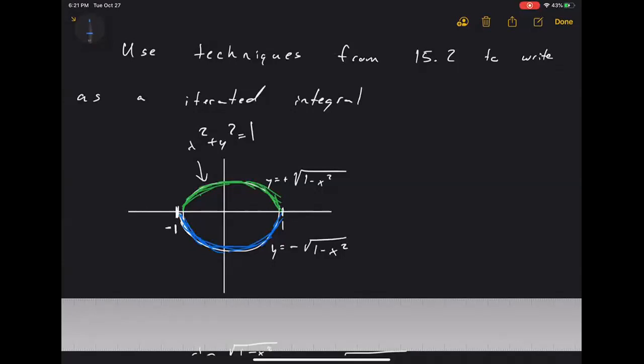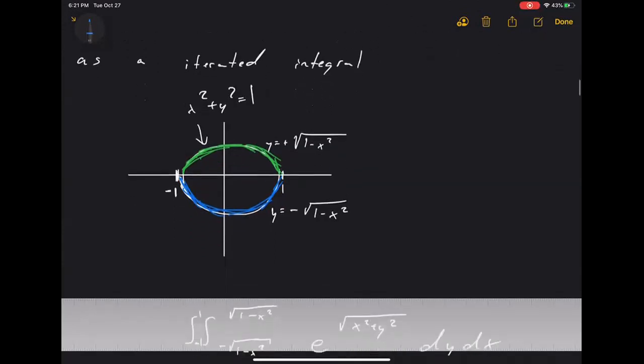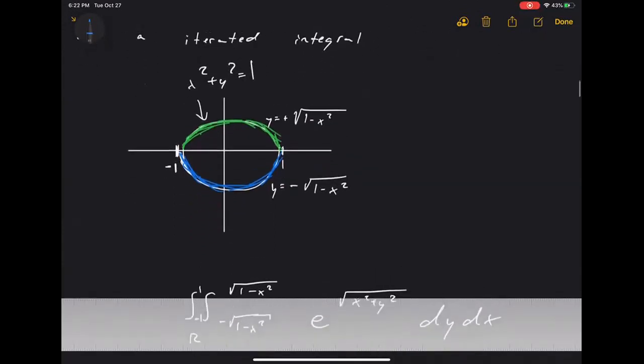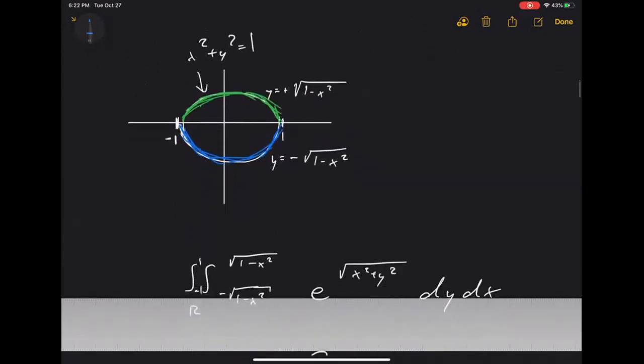So that top curve we could write as y equals positive square root of 1 minus x squared, and the bottom curve we could write as negative square root of 1 minus x squared.